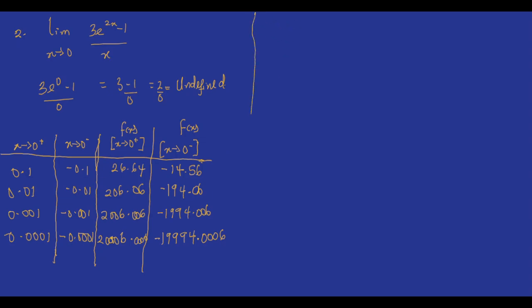So now let's examine what we have. You can see that the limit of f of x as x tends towards 0 from the right is equal to infinity, because this value increases progressively, and the limit of f of x as x tends towards 0 from the left is equal to negative infinity.